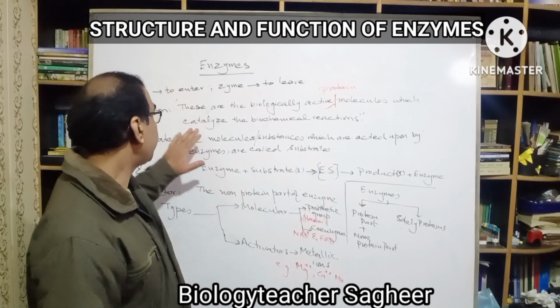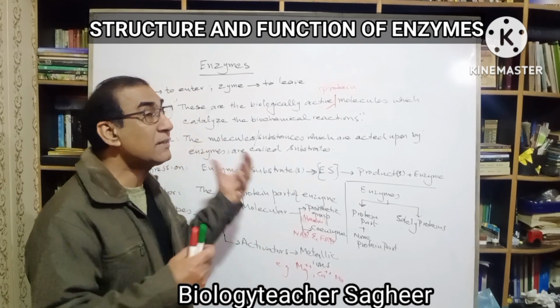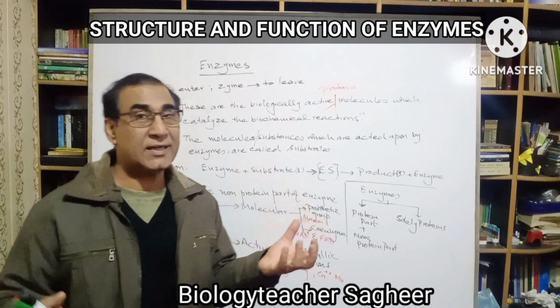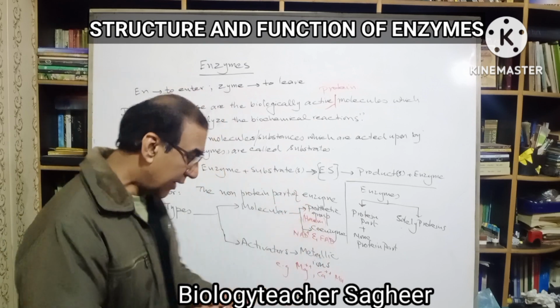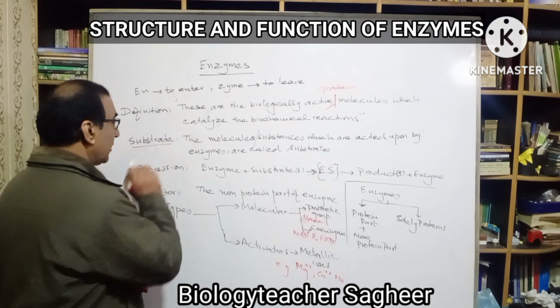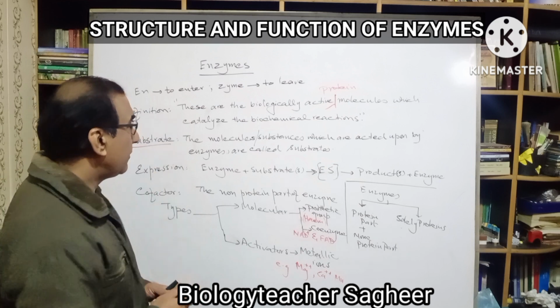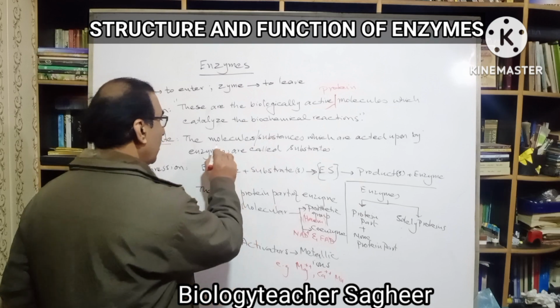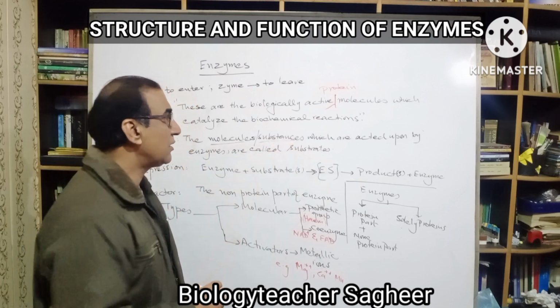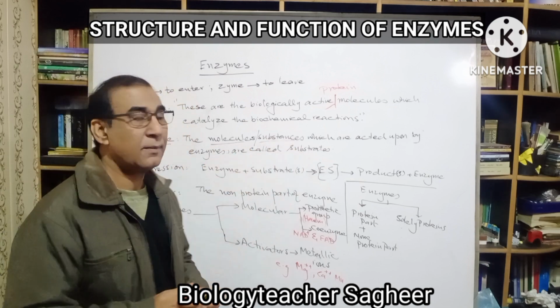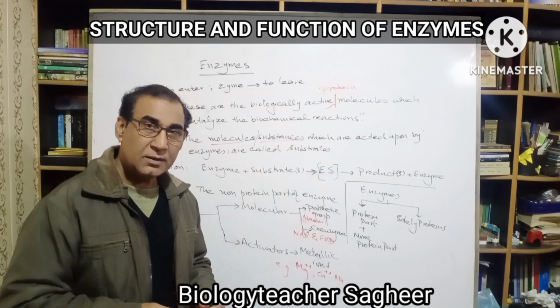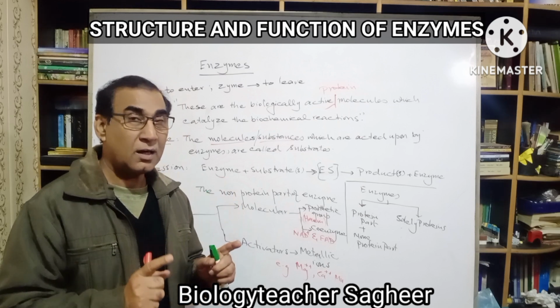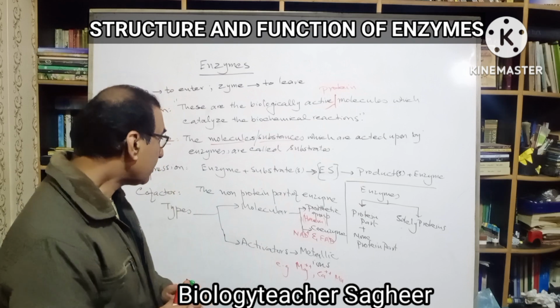Secondly, what is the name of the molecule which is acted upon by the enzymes? That is the substrate. Any molecule or substance which is acted upon by an enzyme is known as substrate. Substrate can be one or more than one.